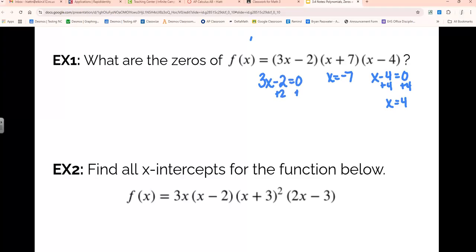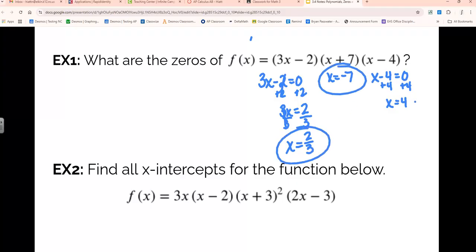Add that 2 to both sides. 3x equals 2. Divide by our 3. And so x equals 2/3. So I've got 1, 2, 3 of those here. Yep. You also can do 0.6 repeating as well.